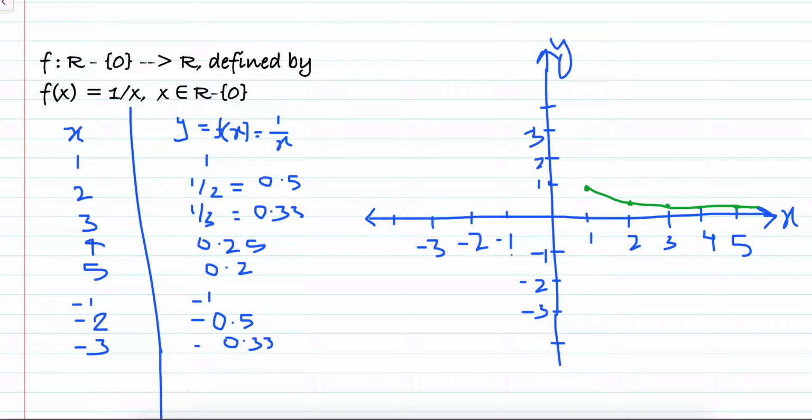And for minus 1 it's minus 1, for minus 2 it's minus 0.5, so for minus 3 it will be here.